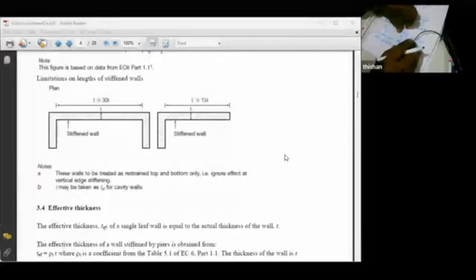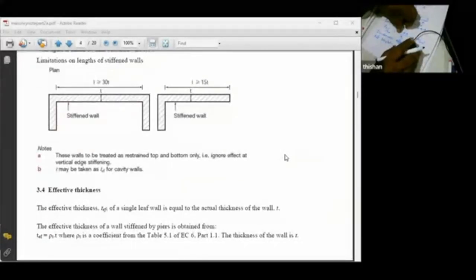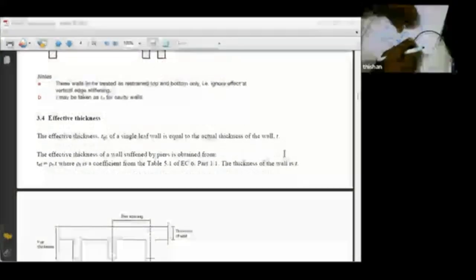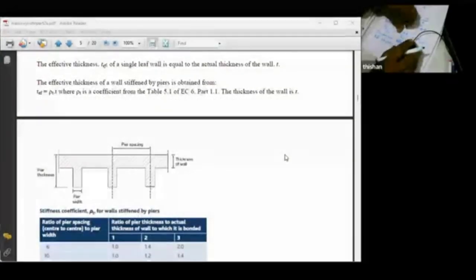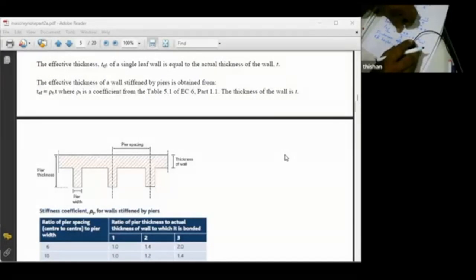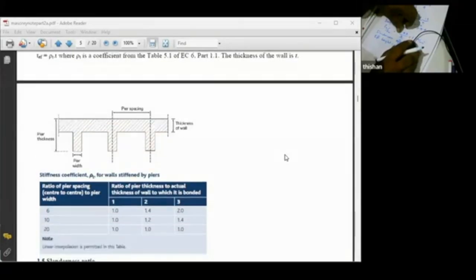And then the masonry codes allow us to increase the thickness, but I generally don't use that because that means you have to provide piers and all kinds of other return walls and so on. So that can be too restrictive.